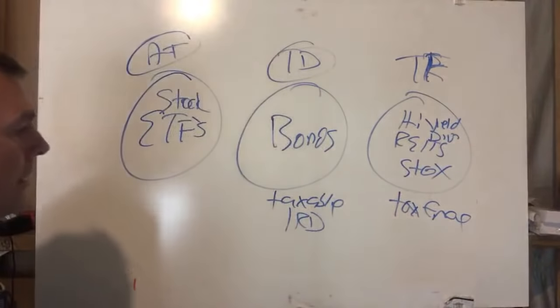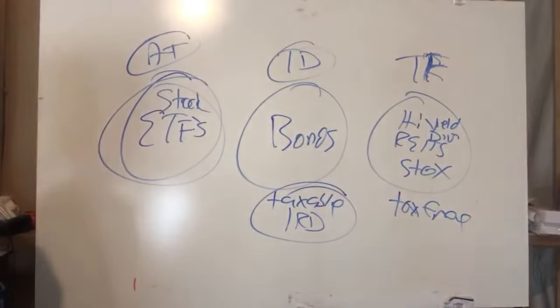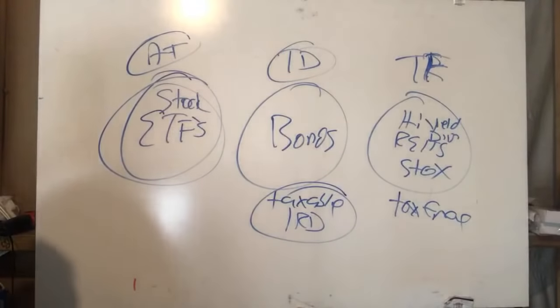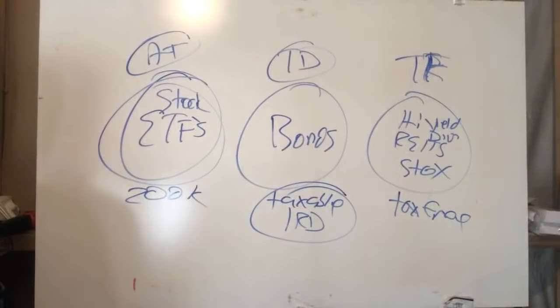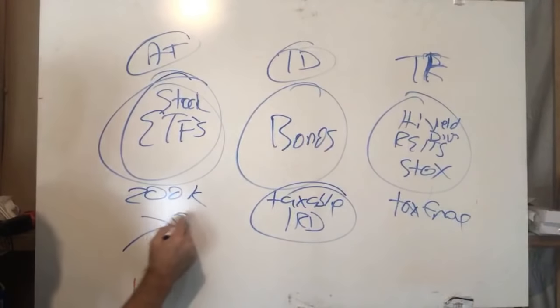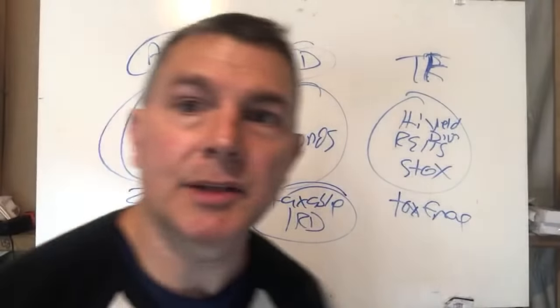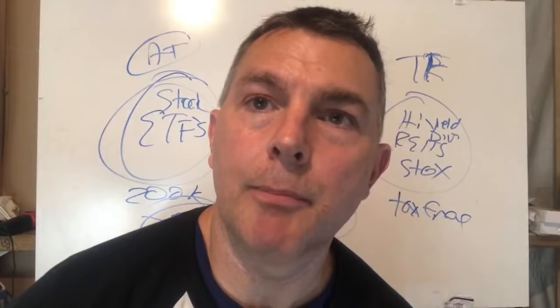Freaking nuts. But this is taxable to your kids. This right here, tax-free. So if you had $200,000 in there and it grew to $500,000, that $500,000 is tax-free because you have what's called a step-up basis.